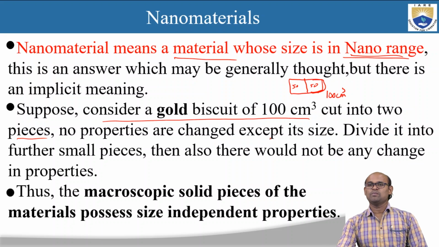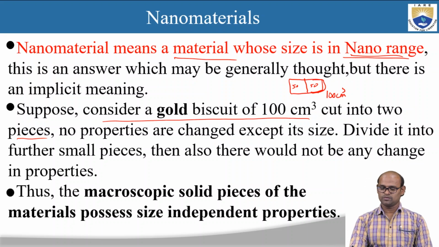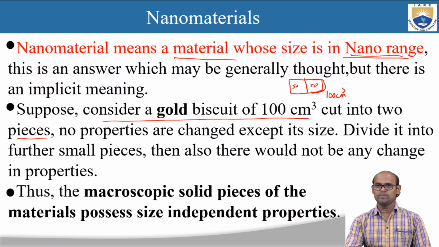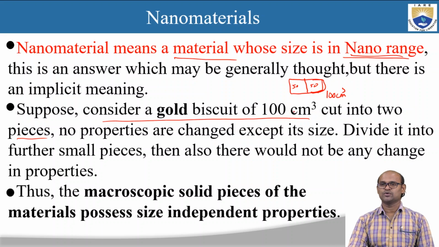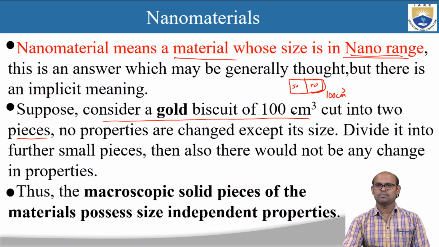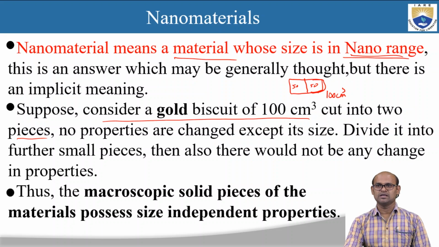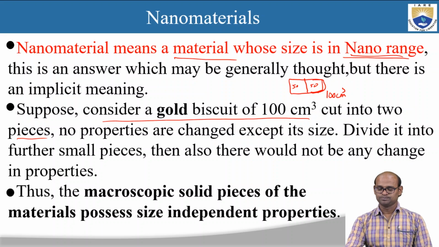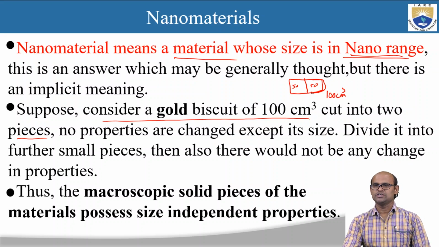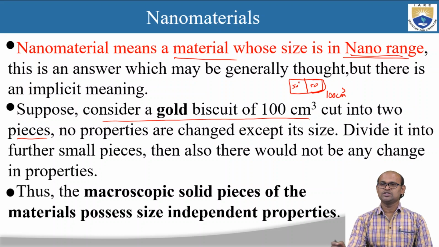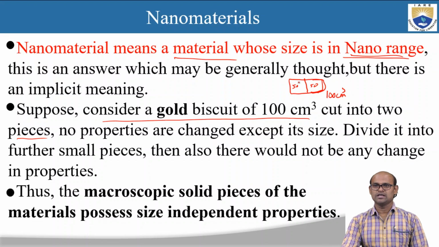Whatever properties we studied when we took this gold biscuit of 100 centimeter cube size, we have noted all the various properties. Now we have cut this gold biscuit into two equal parts, so each gold biscuit is now 50 centimeter cube.